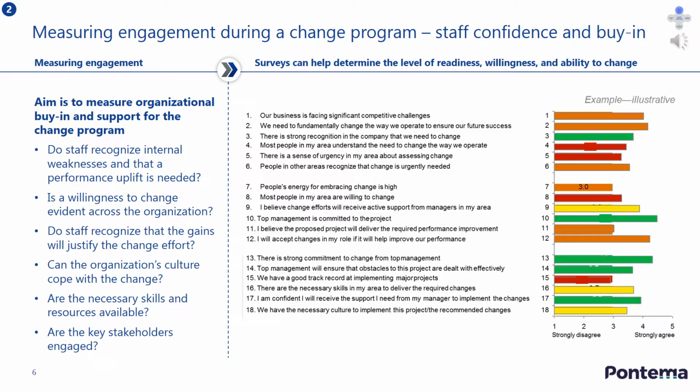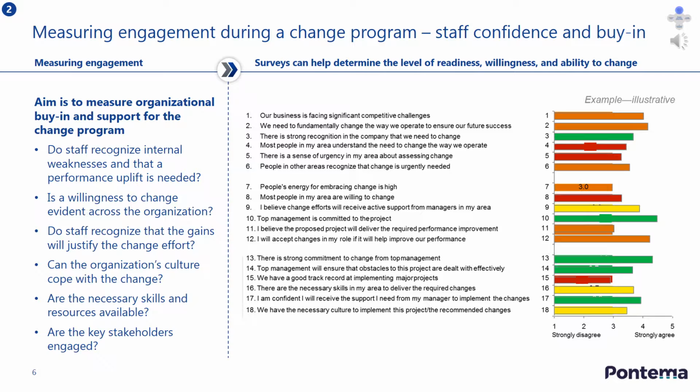Listening to employees and understanding their concerns also allows the change leadership team to take corrective action early in order to deliver a successful program. The survey should generally be short, say 15 to 20 questions, and web-based for ease of completion. The slide has an example of such a survey.